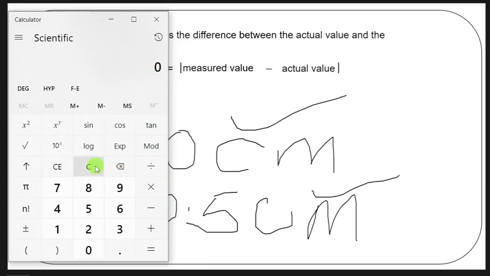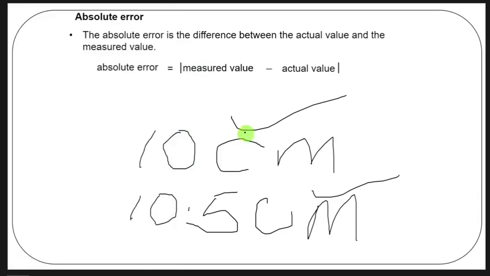Now, if we get the lower value, 9.5 centimeters minus the actual value 10, then we get negative 0.5 centimeters. If this value is inside the modulus, you shouldn't report it as negative, because these bars change it into positive. So whether you are subtracting a smaller one or a bigger one, it will still come out as a positive. So this is also another way of finding the absolute error in a measurement.